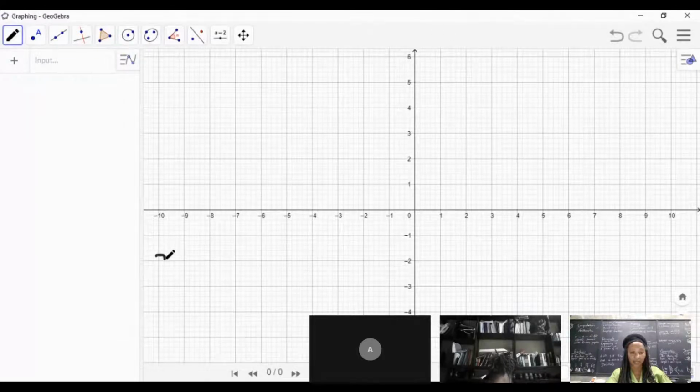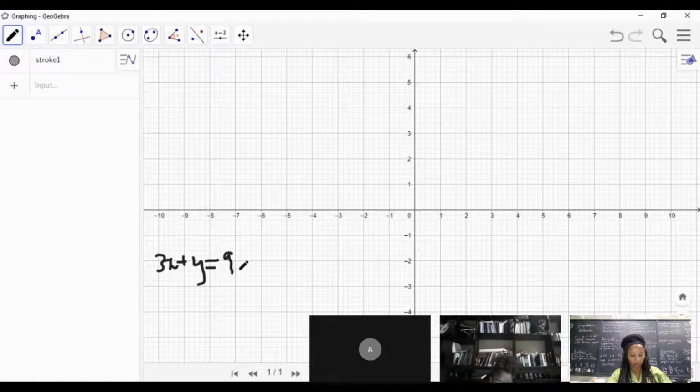We have 3x plus y equals 9, and 2x minus y equals 11.